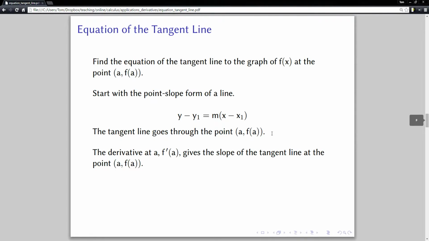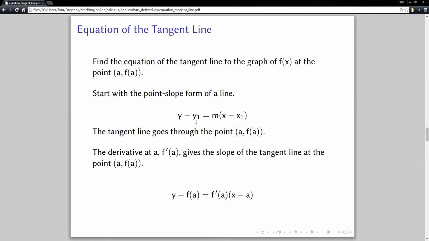And also the derivative at a, in symbols f prime of a. Remember, the derivative is the solution to the tangent line problem. In other words, the derivative gives the slope of the tangent line at any point on the graph. So now we know a point on the line and we know the slope of the line, so we can substitute those values into the point slope formula and get the equation that we want.